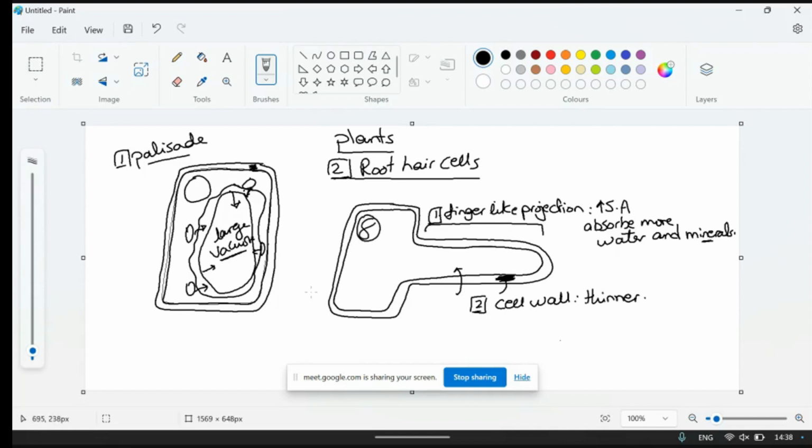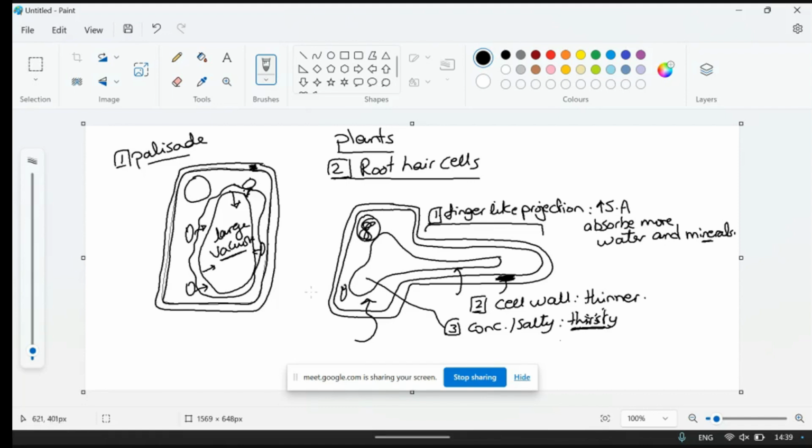Also, of course, it has a nucleus and a large vacuole. The large vacuole of the root hair cells is concentrated. What do I mean by concentrated? Salty, kind of. This will make the cell feel thirsty all the time, but we cannot use this term. So it feels that it is thirsty all the time, and this will help the water to rush inside faster and helps the cell absorb as much water as possible.